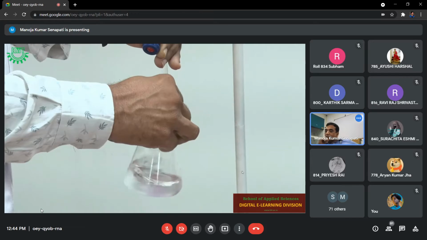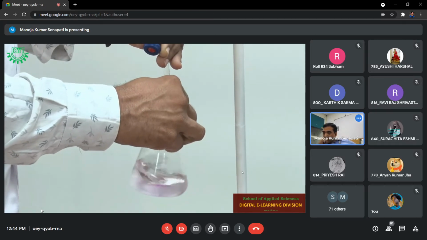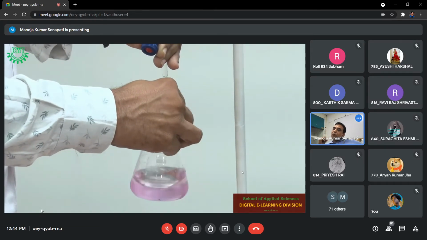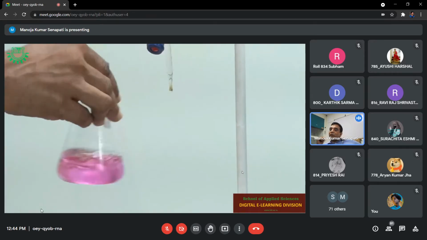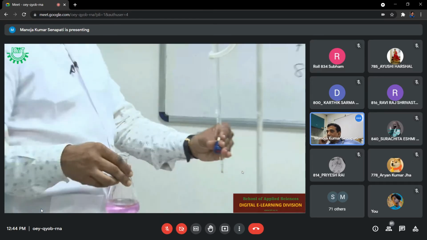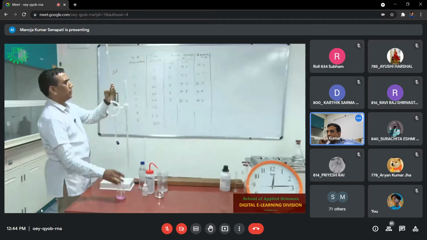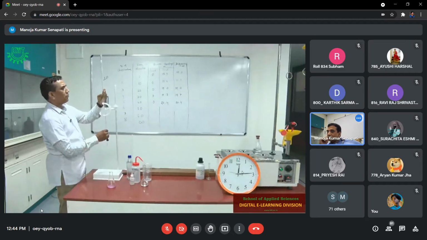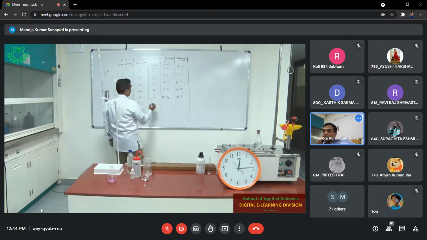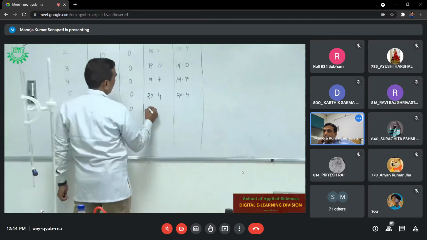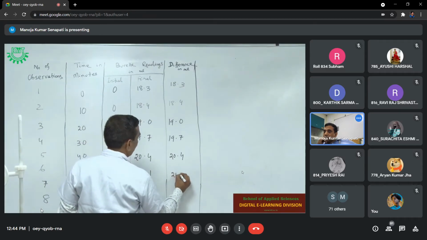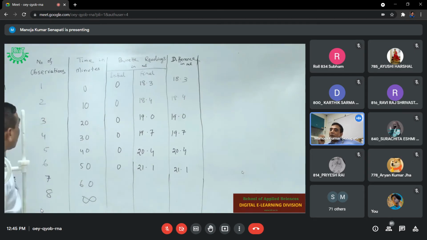Okay, now the color is permanent. Note down the final burette reading. 21.1.